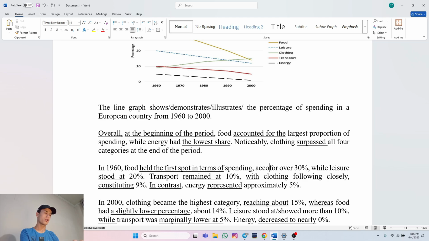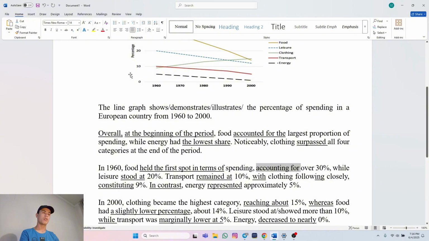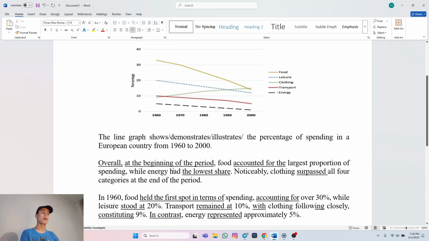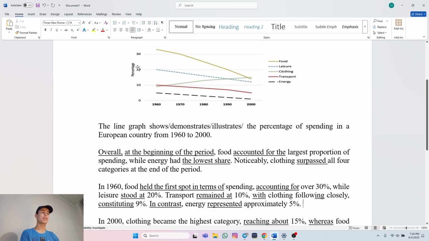Spending accounting for... okay, accounting for. While, I think you know what "while" means, there is no need to explain this. While leisure, the blue one, there is a big difference between their standings, stood at 20%, right? Yes, it stands at, or it stood at 20%.